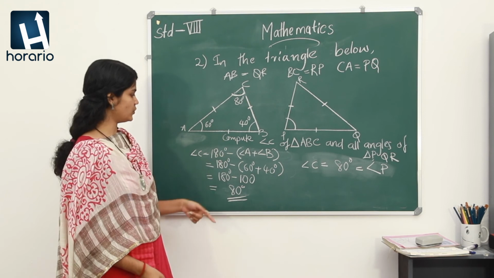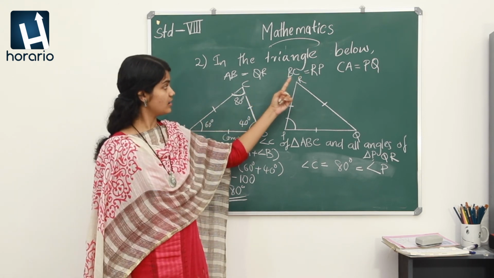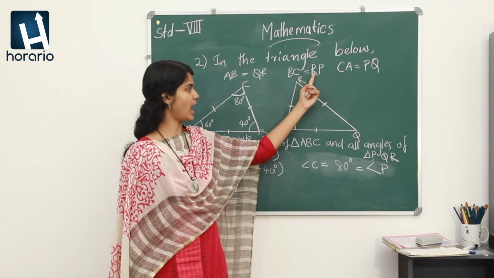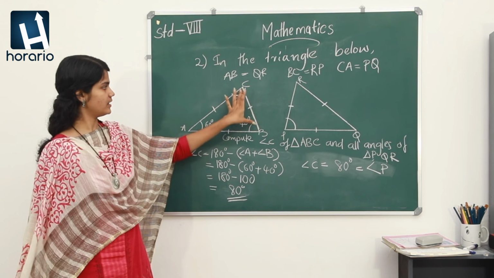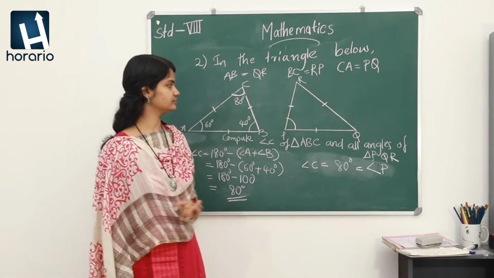Okay, now let's move on. Side BC equal to RP. That is, side BC is equal to RP.